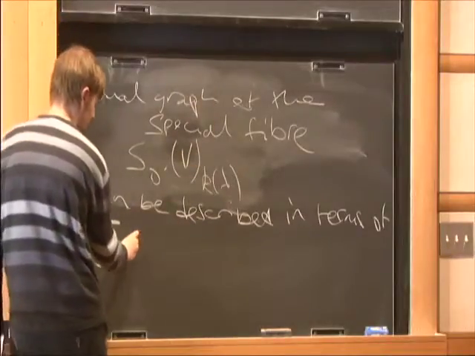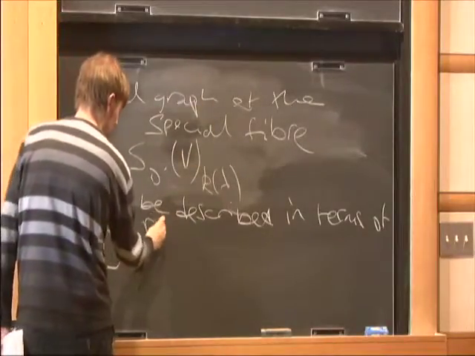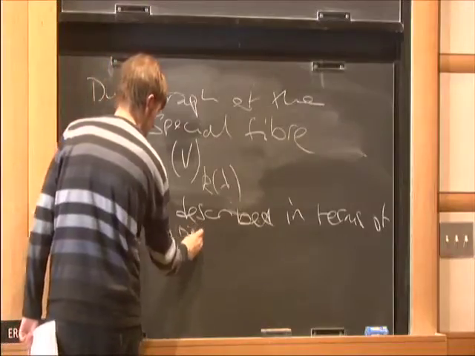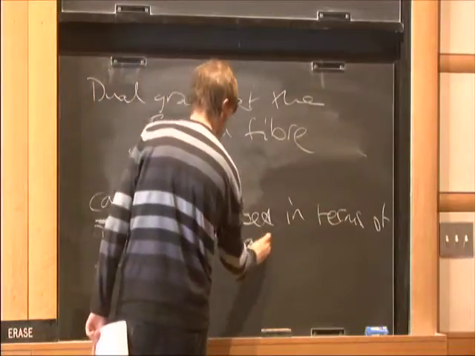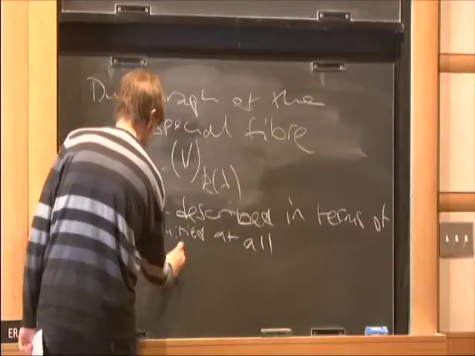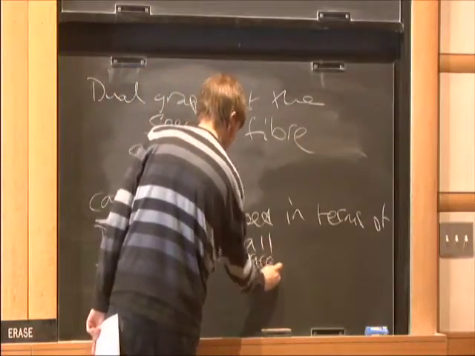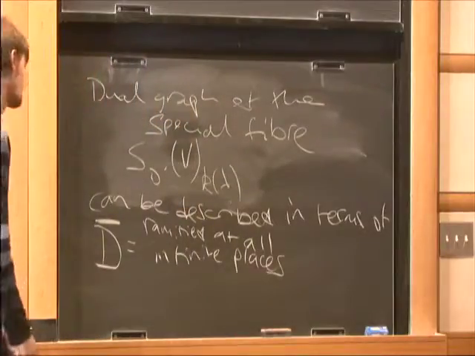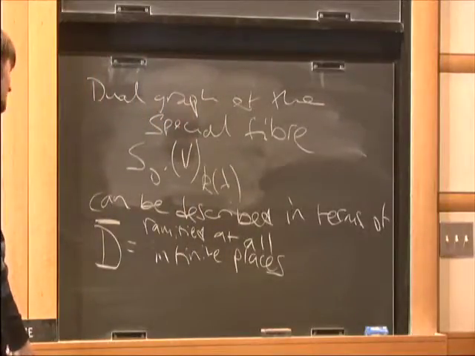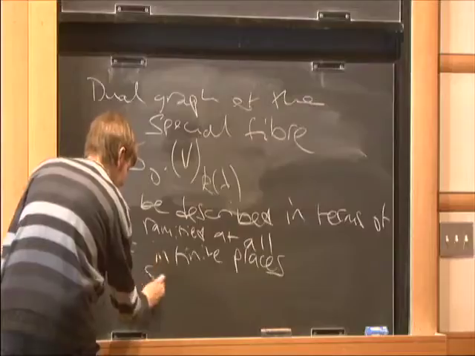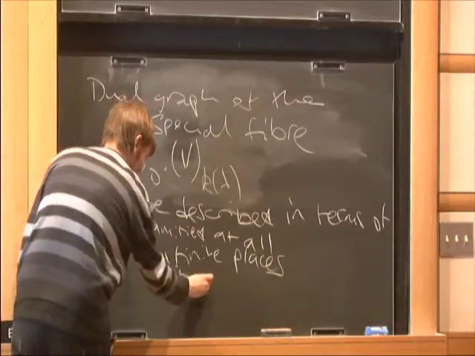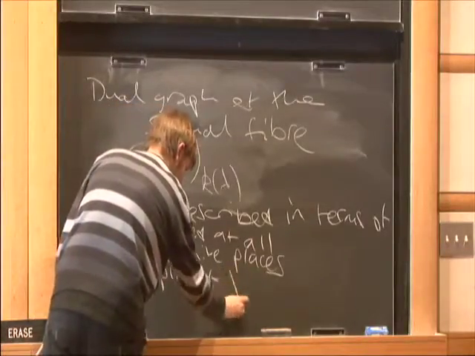So D primed is a quaternion algebra which is ramified at all infinite places. And it's split at lambda, and it ramifies at the other place where D primed ramified.